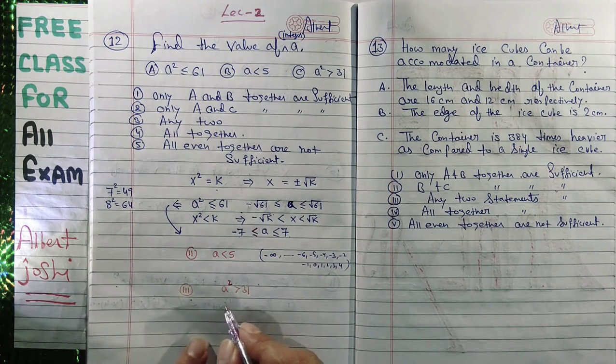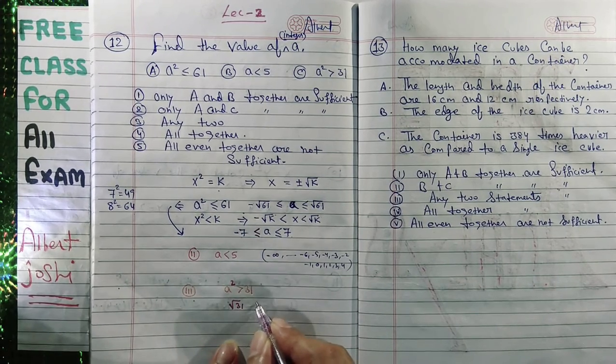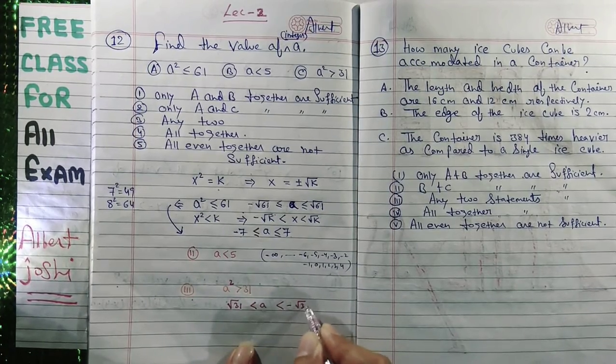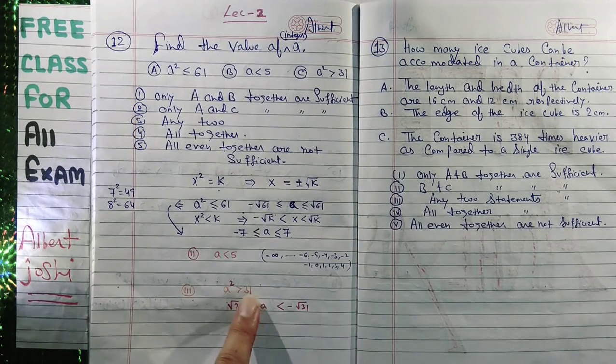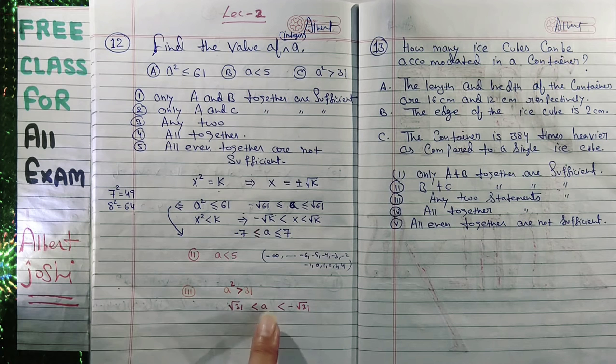So your value will be a less than minus square root of 31 or a greater than square root of 31. Here a square is greater than 31, so you write it like this. It is not less than or equal to.